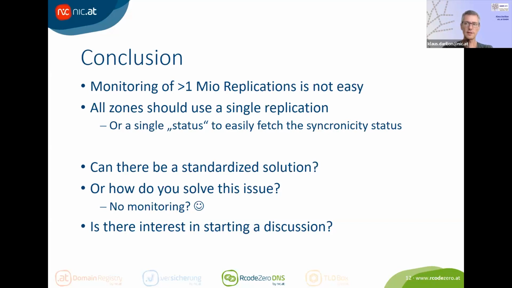And this, as Jim said before, is rather loosely coupled, and there is no feedback if an update really arrived on the other side. And so this is where we have the problem. Actually, we don't have a problem. It works, but I want to be sure that it works, and somehow I have to monitor. And at the moment, the monitoring is more CPU consuming than all the DNS service itself.